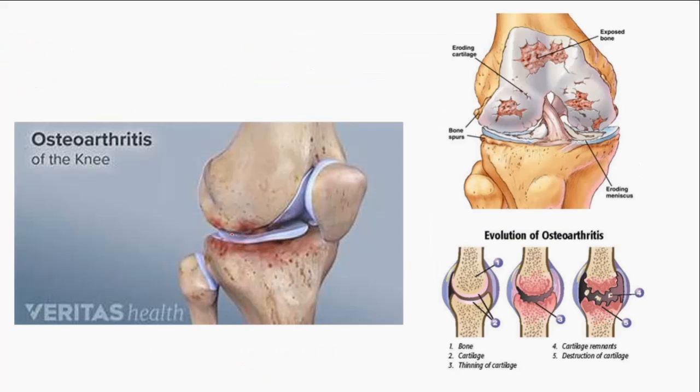You can see here the cap of the synovial joint that's protecting the bone. It's degraded, and now the bones are rubbing against each other, and it's causing a lot of pain and inflammation.